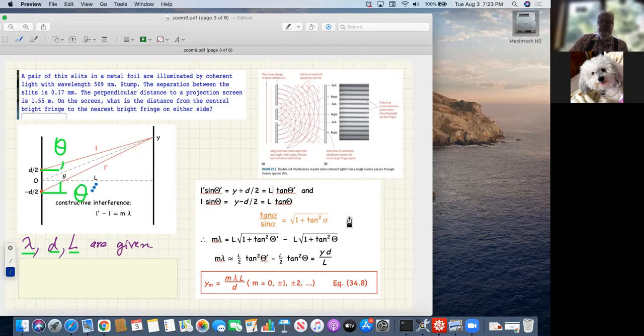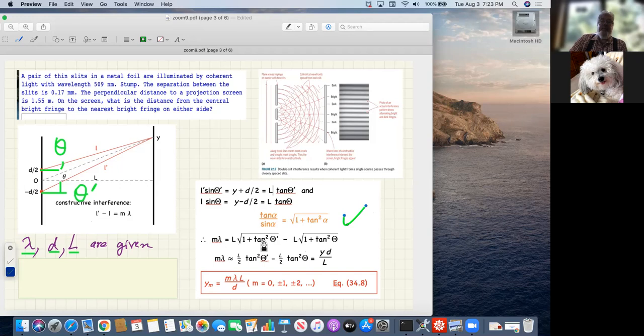So we'll use a little bit of trigonometry here. Tangent alpha over sine alpha is the square root of 1 plus tangent squared alpha. So the condition for constructive interference is m lambda is capital L, square root of 1 plus tangent squared theta prime, minus capital L, square root of 1 plus tangent squared of theta.